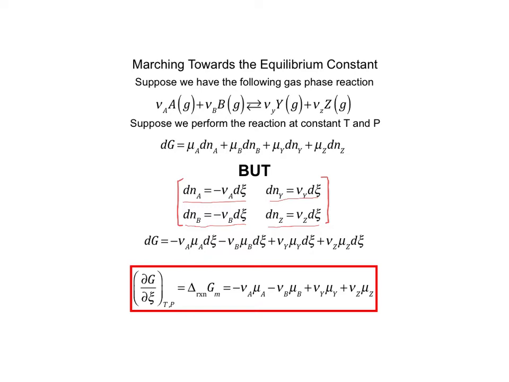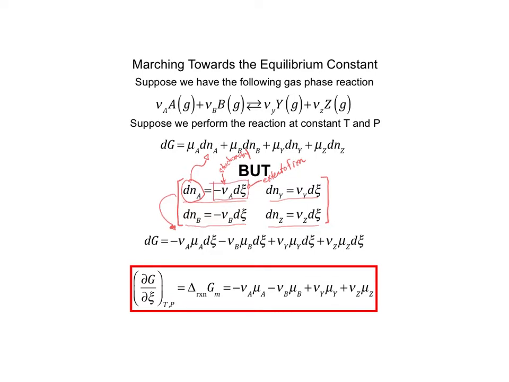And so we can plug this new expression, the stoichiometry times this extent of the reaction, into our dG equation. We are just replacing dn with this new term because they're equal to each other.